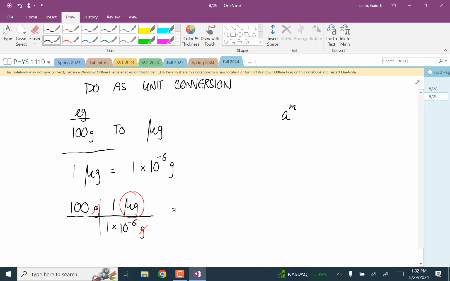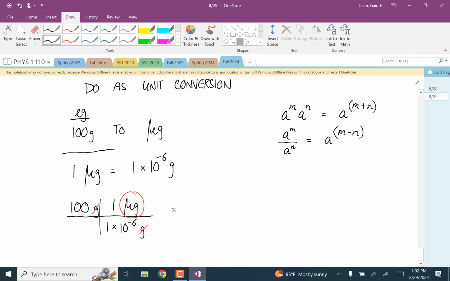If you have something to the exponent m times something to the exponent n, that's equal to that same base to the power of m plus n. And if you're dividing, that's that same base to the power of m minus n.